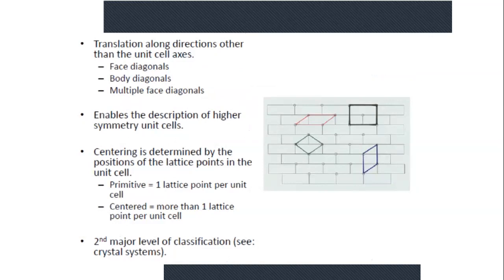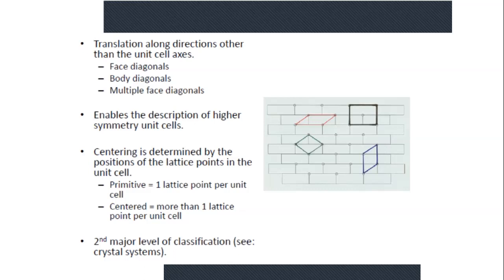So primitive, which is P, only has one lattice point in the unit cell, and typically the lattice point starts at the origin of the unit cell. Now when you do centering, you'll have more than one lattice point. So usually when you go from a primitive unit cell to a centered unit cell, the unit cell size increases for the sheer fact that now you have more lattice points in the unit cell.